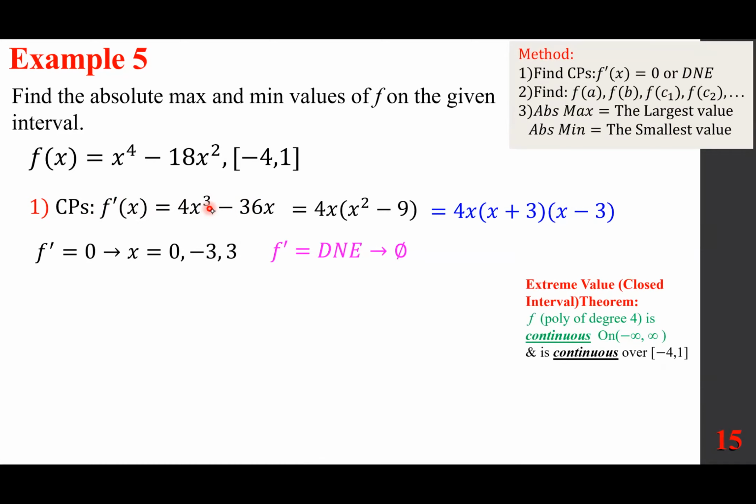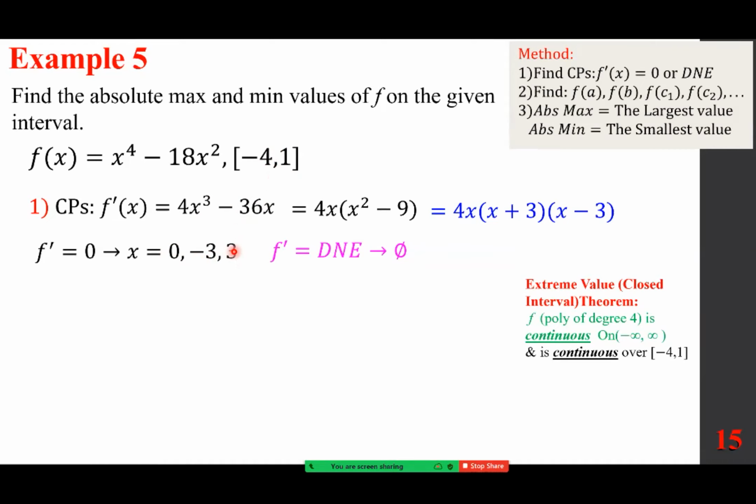So what it means is, let's see which ones are in between. Look at the given interval. 0 is in between. Yes, we're going to use the 0. -3 is in between. Yes, I'm going to use -3. Is 3 in between?